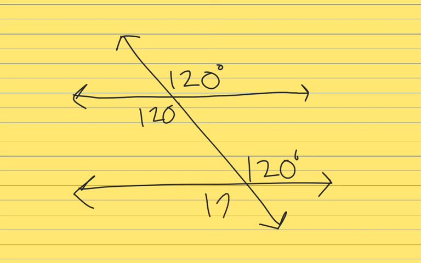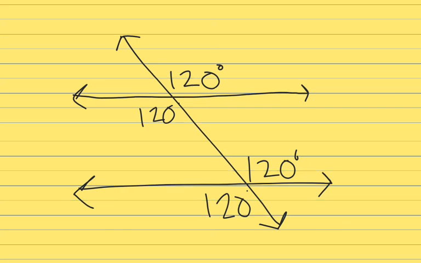Similar reasoning for this angle. It is a vertical angle with this one. It is an alternate exterior angle with that one. And it's also a corresponding angle with that one. Therefore, it has to be 120.